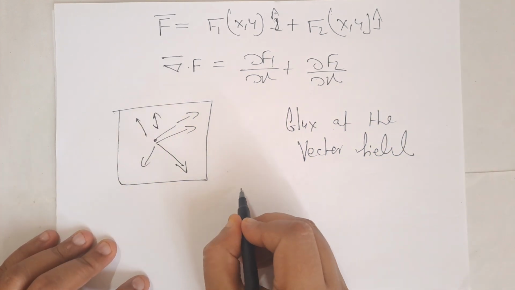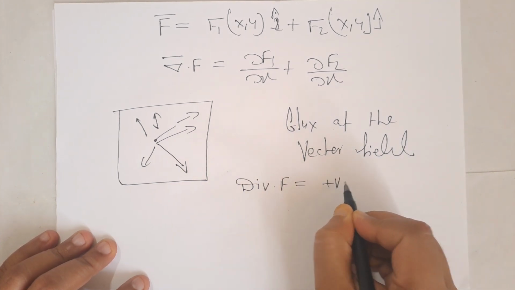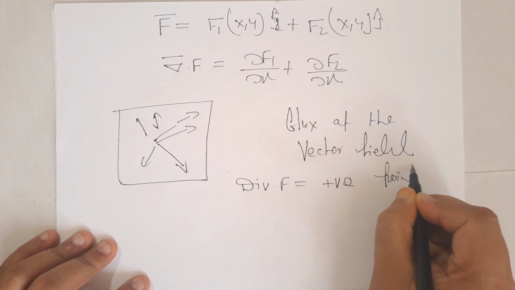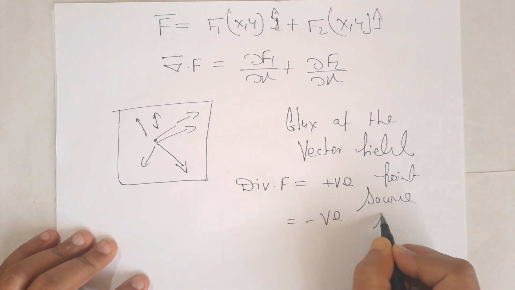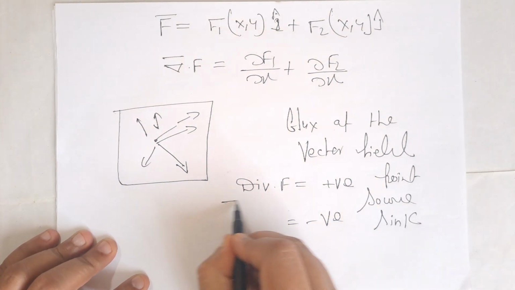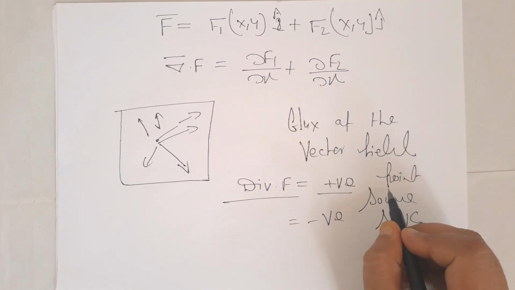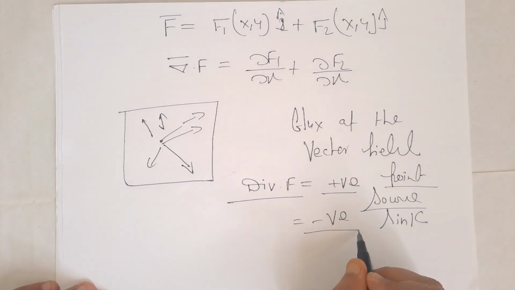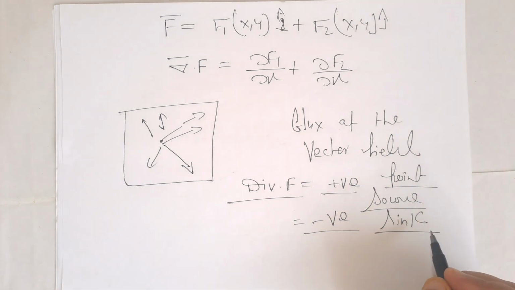If divergence of F is positive, then we can say that the point is a source, and if negative, then a sink. So if divergence of any vector field is positive, then the point is a source of the vector field, and if a negative quantity comes up, then the point is a sink of the vector field.